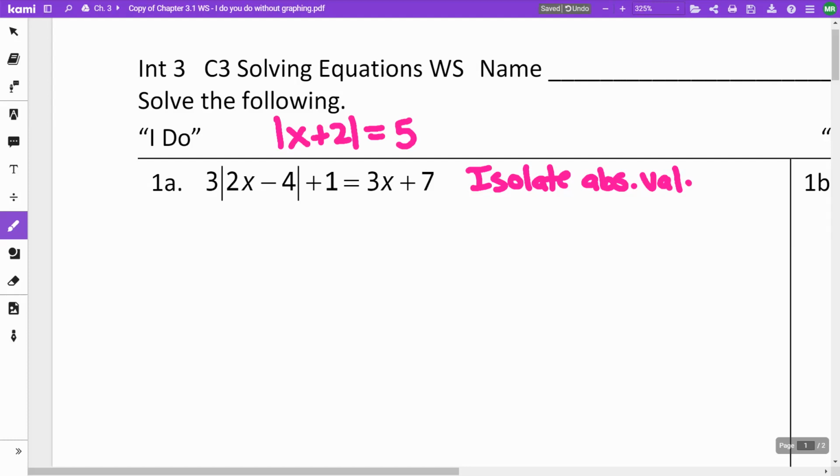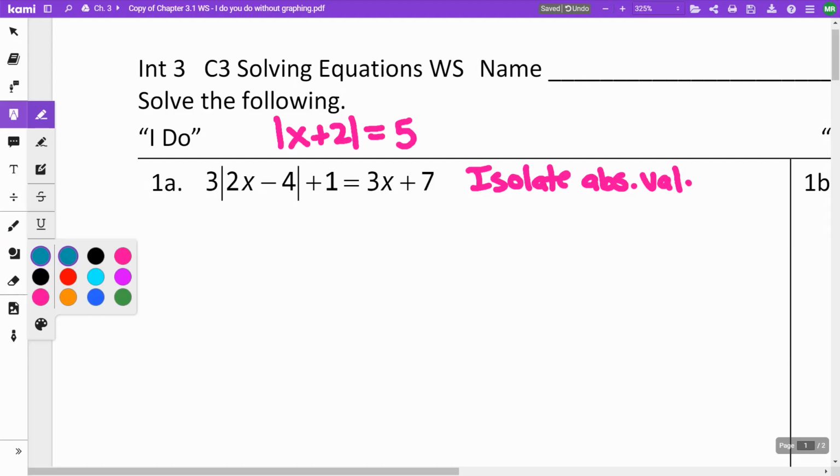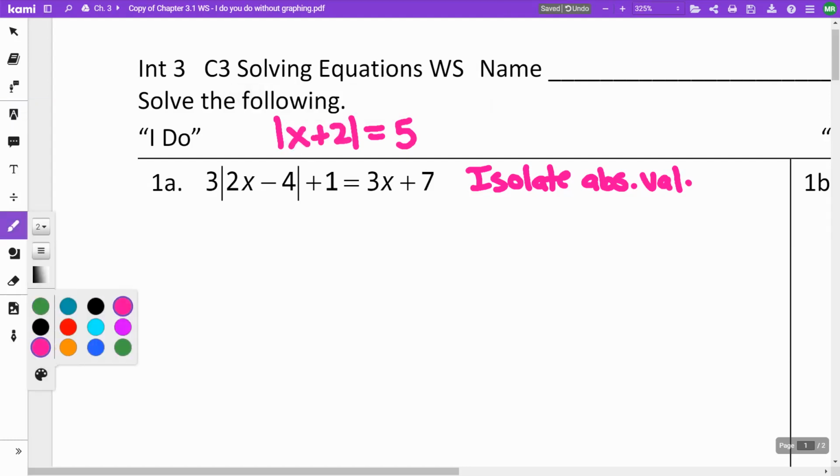It could have been a positive 5 in here, or it could have been a negative 5 in there, because the absolute value of 5 and negative 5 both give you 5. If, however, we had a negative on the other side, once we got it isolated, that automatically would be no solution.